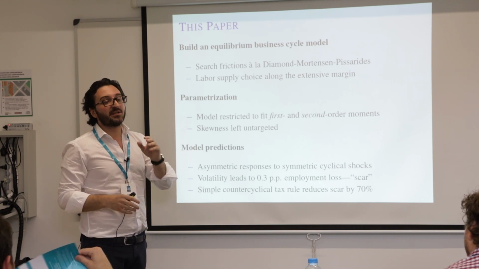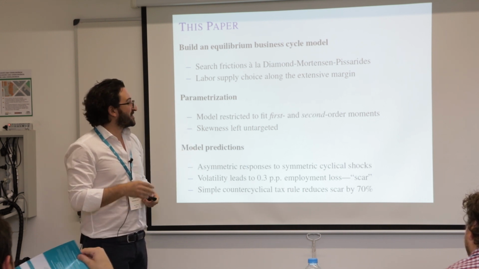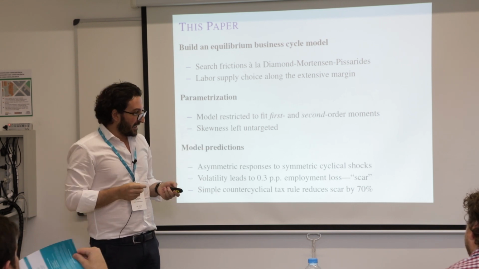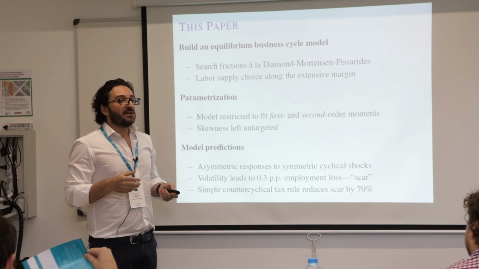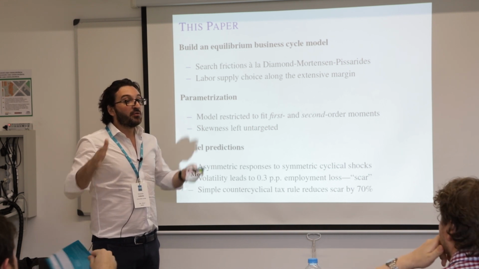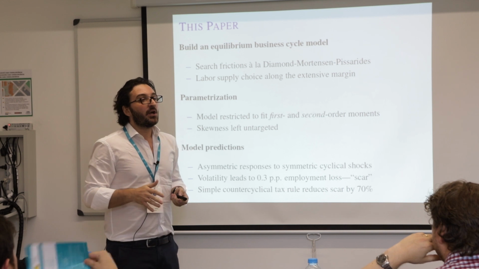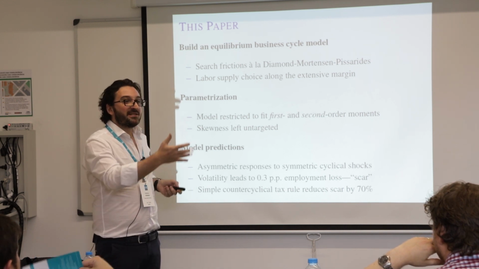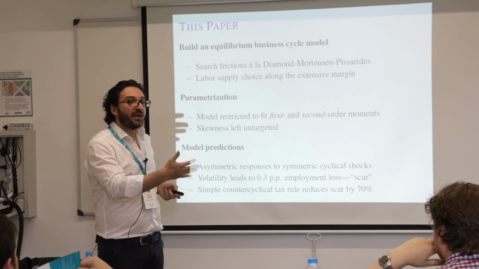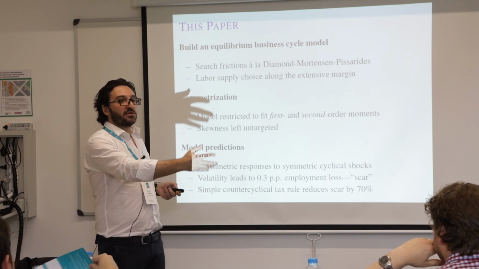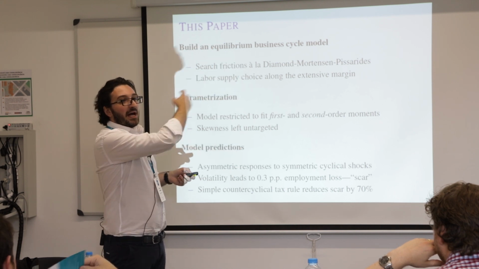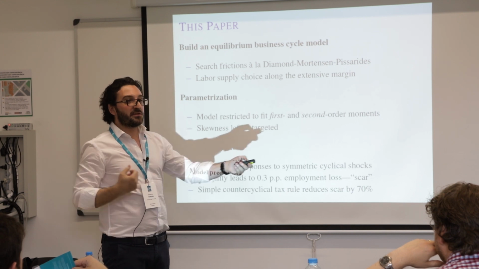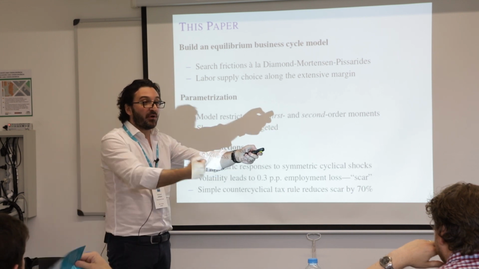The story about the participation rate is trickier, because you're going to see. I'm going to have a model in which there are endogenous flows across all three labor market states, and in order to have symmetry in the participation rate, it must be the case that the flows from employment to out of the labor force compensate the flows from out of the labor force into unemployment and then employment.